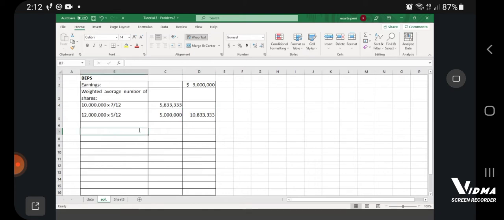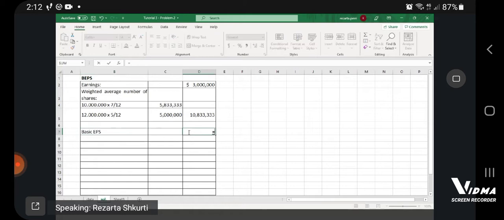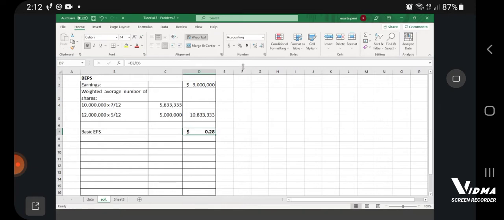So the basic earnings per share that we can calculate over here is simply the ratio between the earnings and the weighted average number of shares. So it is 27.7 cents. I will write that there, 27.7 cents per share. So this is the basic earnings per share.